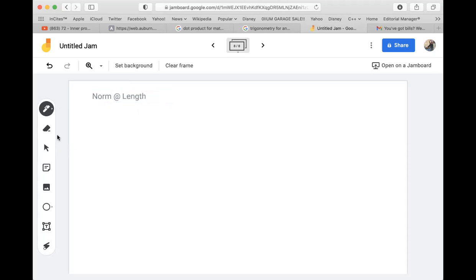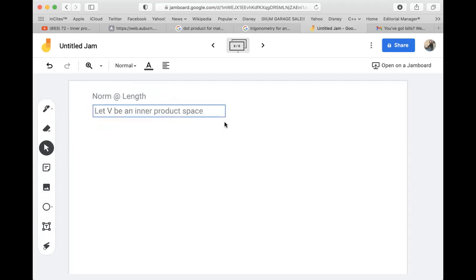Definitions. So we let V be an inner product space. So when we say that V is an inner product space, meaning that there is an inner product operation happens in that space.